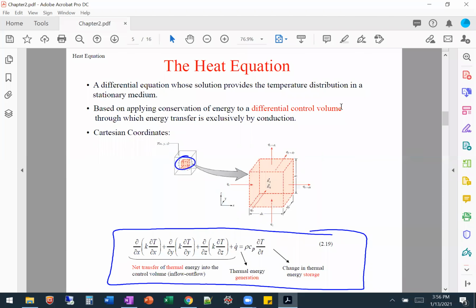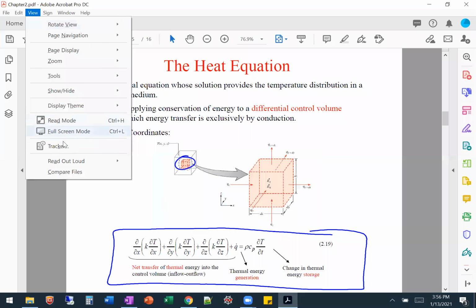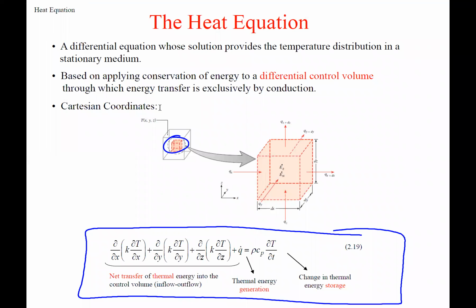All right, so we did this. We took our conservation of energy, applied it to this differential control volume, and applied Fourier's law to it in Cartesian coordinates and got this equation.